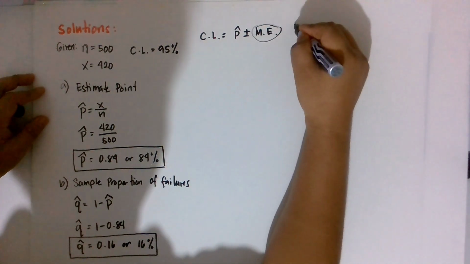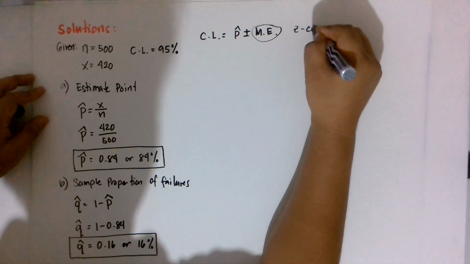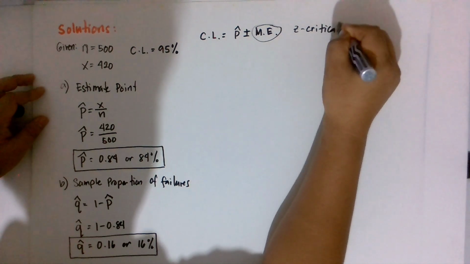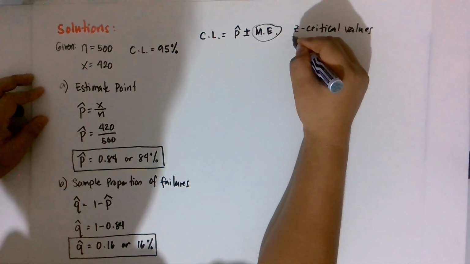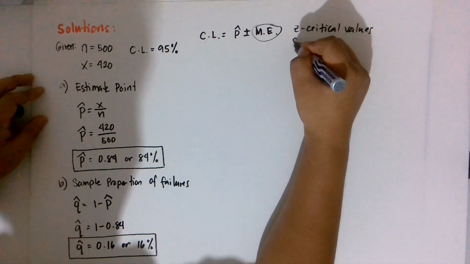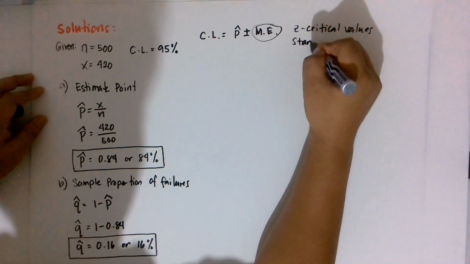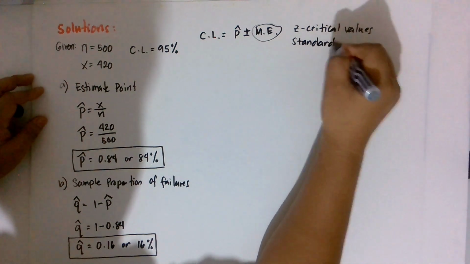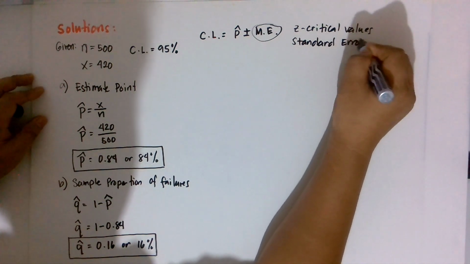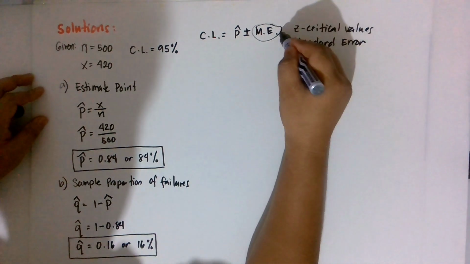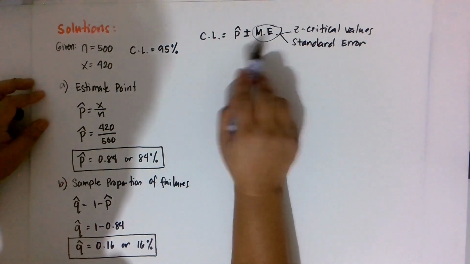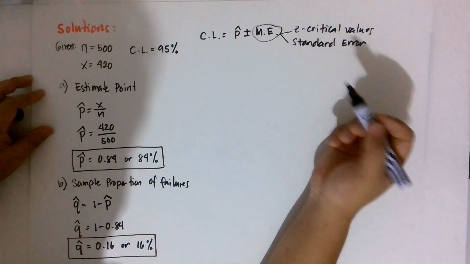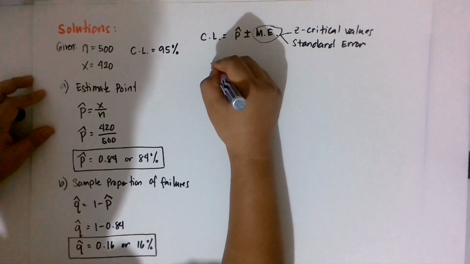So, kailangan natin makuha yung ating Z critical values at saka yung ating standard error. Itong dalawa na to ang gagamitin natin para makuha natin yung margin of error. So, i-multiply lang natin silang dalawa once na na-solve na natin yung Z critical value and standard error.